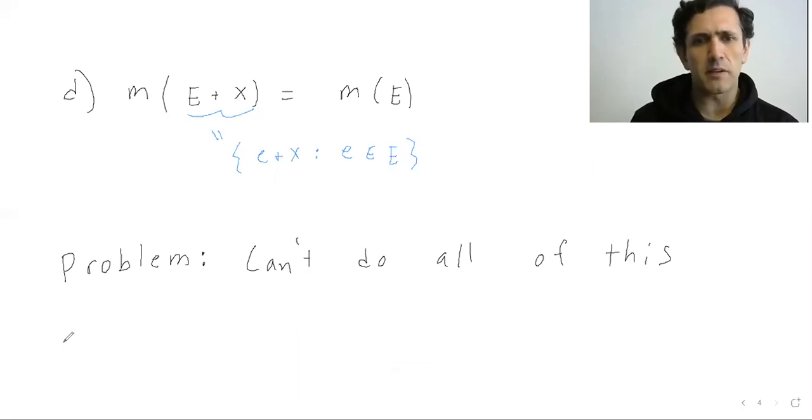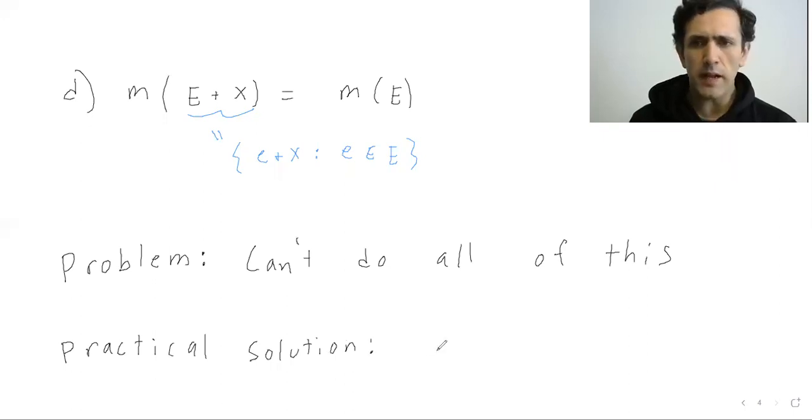But that's not a big deal. And in particular, there's a very practical solution to the situation we're in. And that's as follows. And this is going to motivate what Professor Bachanu started a little bit.